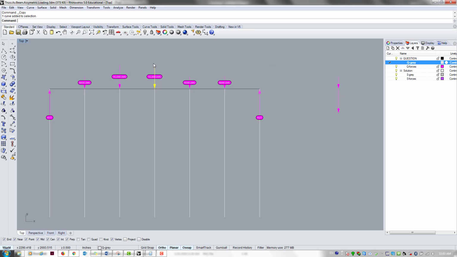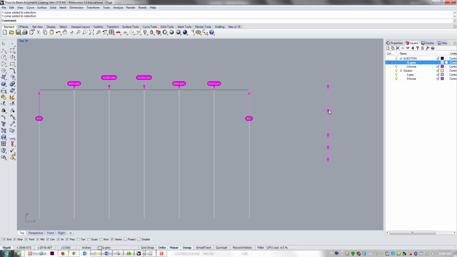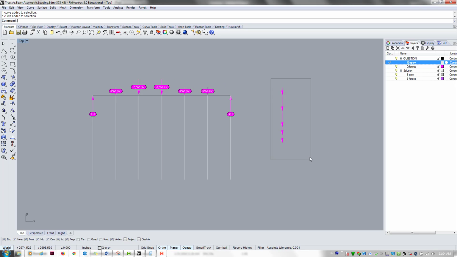I'm going to connect all of those in order, just like we do for the trusses. So we have one here, second one from here, third one from here, fourth one from here, fifth one from here, right? And then the reaction is going to be somewhere, but we don't know.